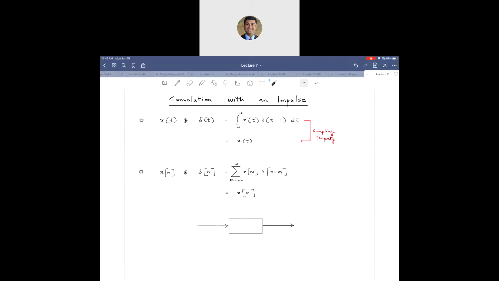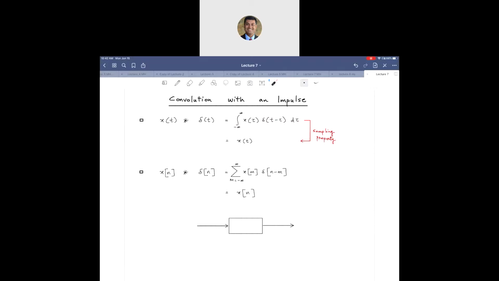When you convolve any input with an impulse, which can be represented using the convolution integral as negative infinity to infinity, x of tau, delta of t minus tau, so the impulse shifted by tau, d tau. That's using the convolution integral.